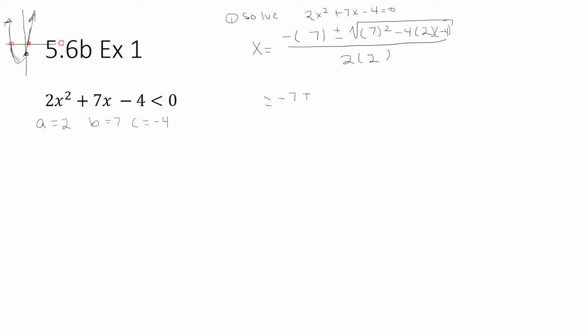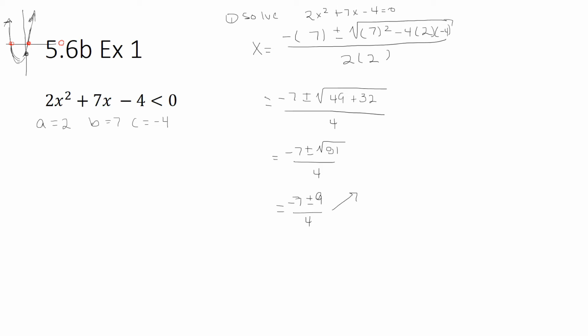That's negative 7 plus or minus square root of 81. You plug that into your calculator, you get 9 all over 4.